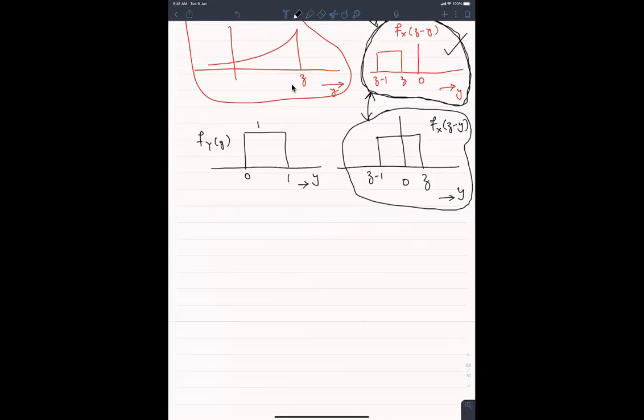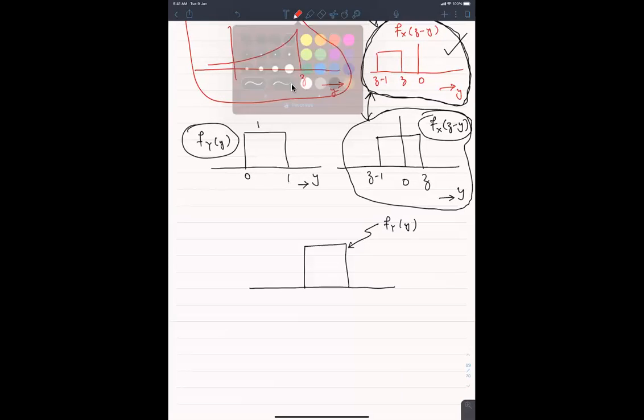So knowing that this is fy of y and this is fx of z minus y, अब हमने क्या करना है, इन दो फंक्शन को प्रोडक्ट करना है और माइनस इंफिनिटी से प्लस इंफिनिटी तक इंटीग्रेट कर देना. सो व्हेन आई टेक द प्रोडक्ट ऑफ दीस टू गाइस, मैं एक ही पिक्चर पे इनको बनाने की कोशिश करता हूँ. सो दिस इज योर fy of y, और दूसरे कलर से हम fx of z minus y बनाते हैं.